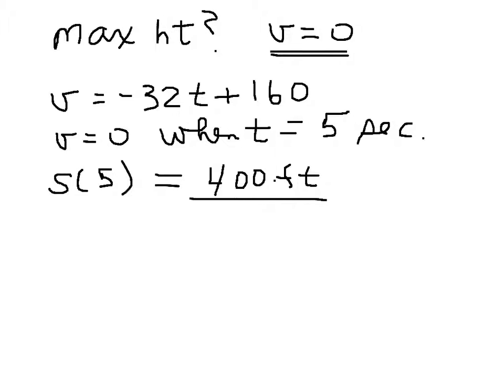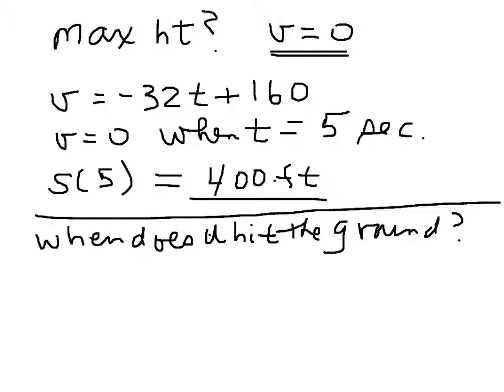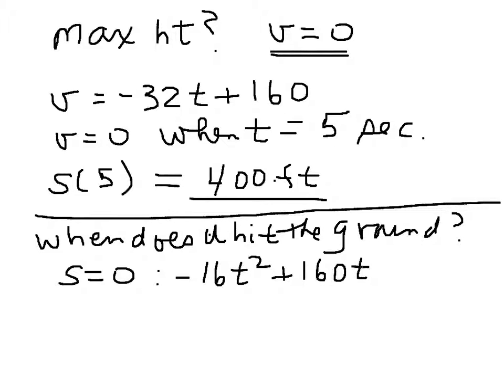Okay, let's consider one more question. When does it hit the ground? If you think about that, it hits the ground when s is equal to 0, which means when minus 16t squared plus 160t is equal to 0, and that happens when t is 0 at the very beginning, or when t is 10.